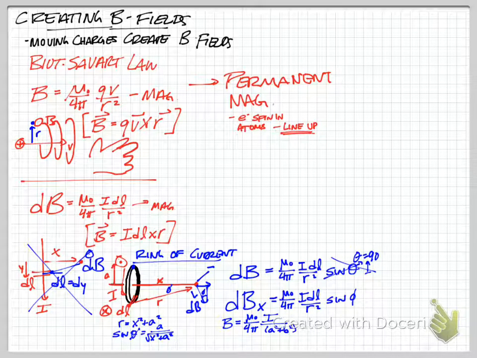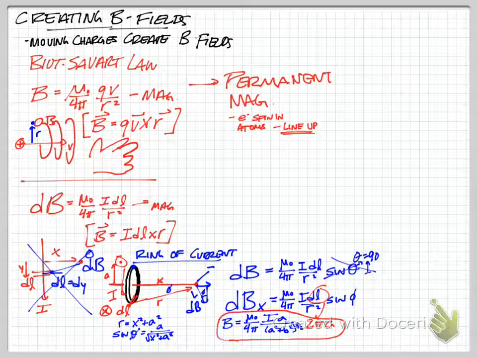Sine theta does not change as we go along, so that gives me a over the square root of a squared plus b squared. So this little term gets to go to the 3/2, which is familiar to us. And then we have to deal with dl, because that's the only thing that's going to change in our integration. That's going to tell me the length of the wire that has current running through it. So for what we have, dl is 2 pi a. This would be the magnetic field that we get from this.